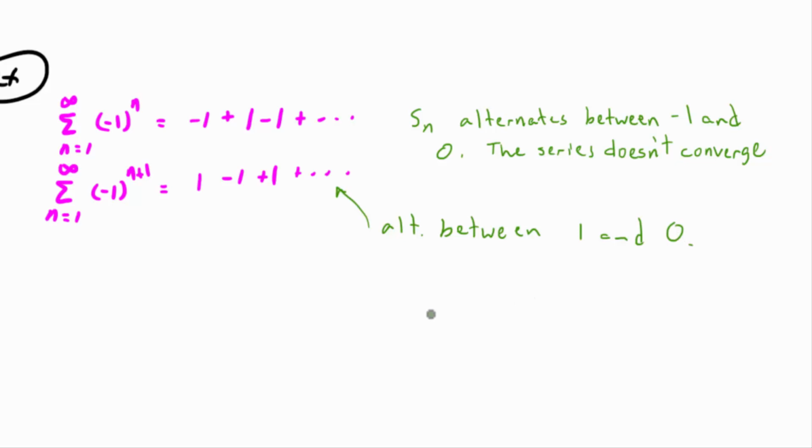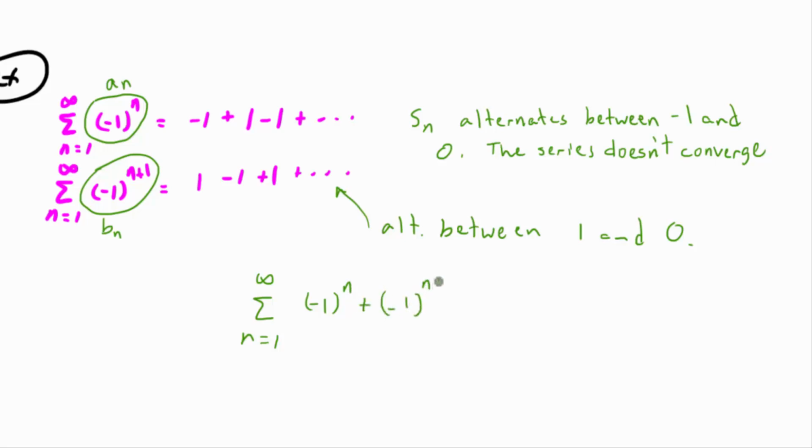What happens if you combine two non-convergent series in this case? What happens if you take the sum, so this would be like the a sub n right here, and this would be like the b sub n right here, what happens if you take the sum n equals 1 to infinity of negative 1 to the n plus negative 1 to the n plus 1?